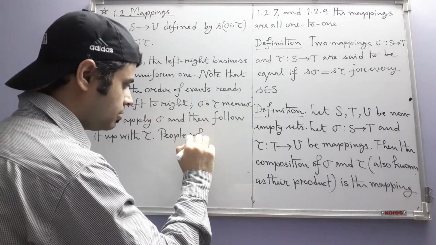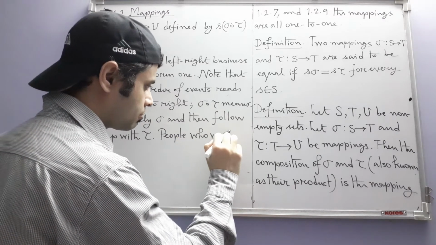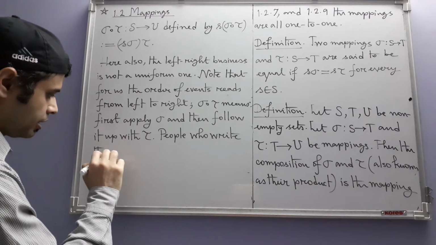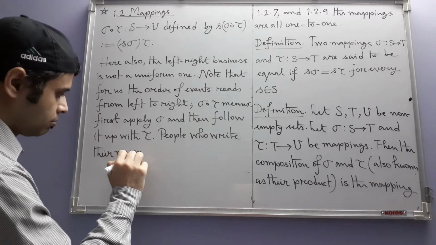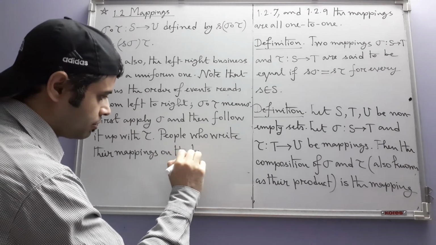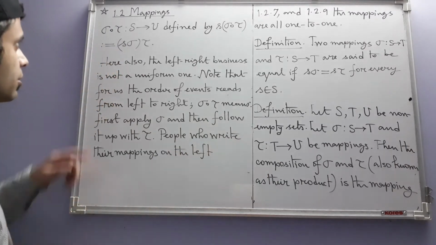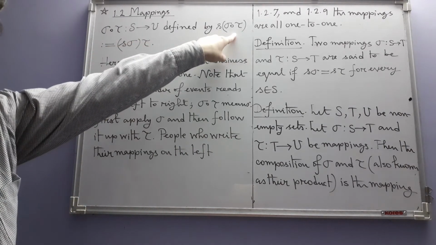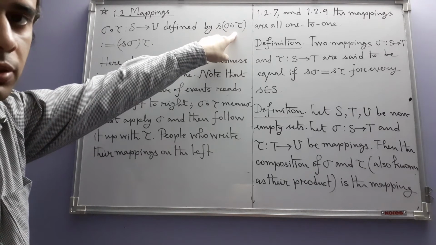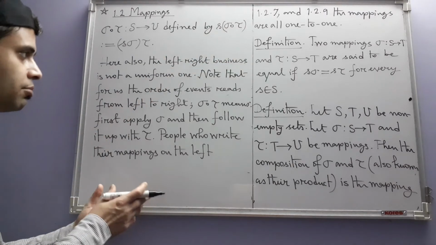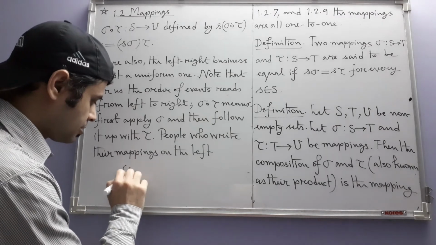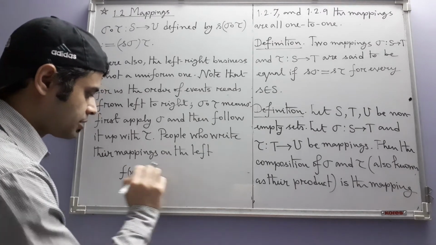People who write their mappings on the left, because we are writing mappings on the right side of the argument, right? This is the input, and we are writing the mappings on the right side of it. Some people will write it on the left side like this, f of x. What we are writing is xf.